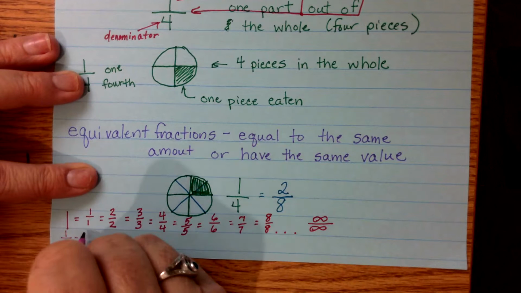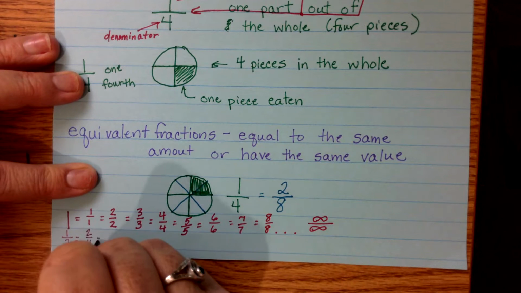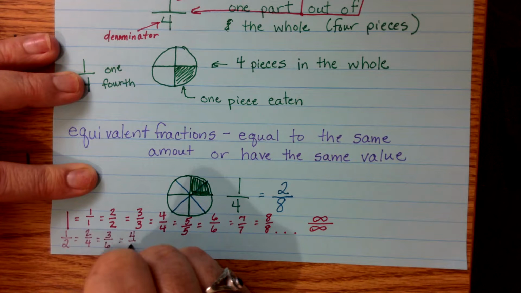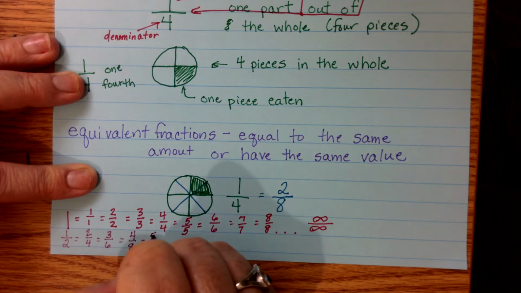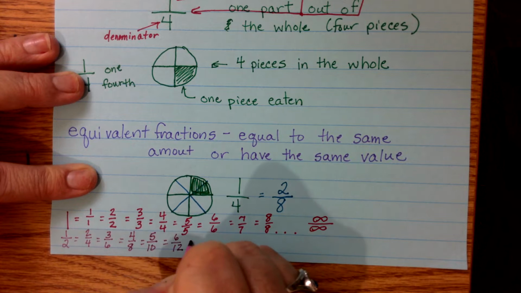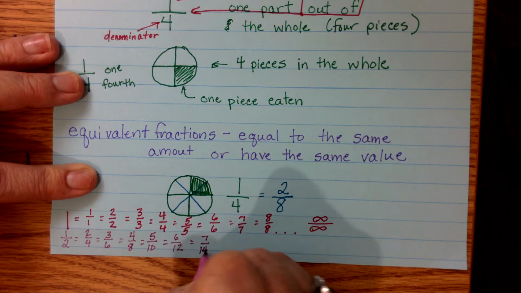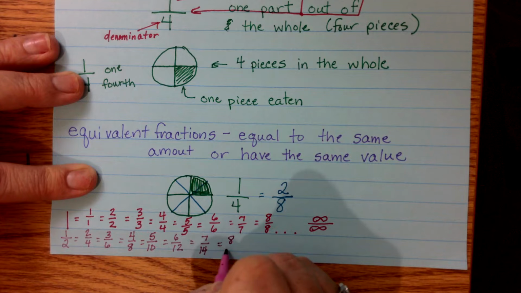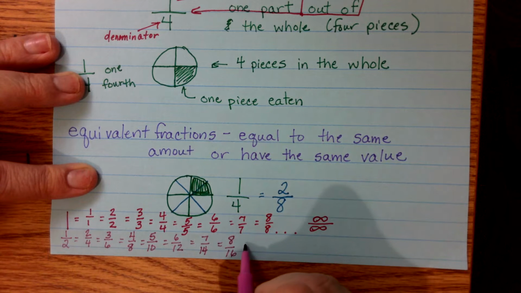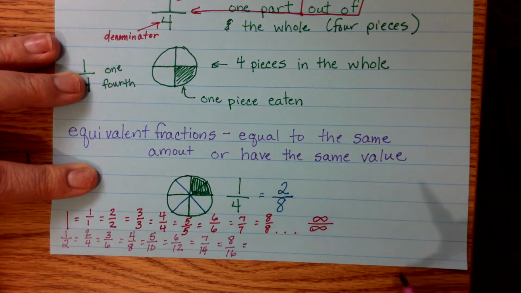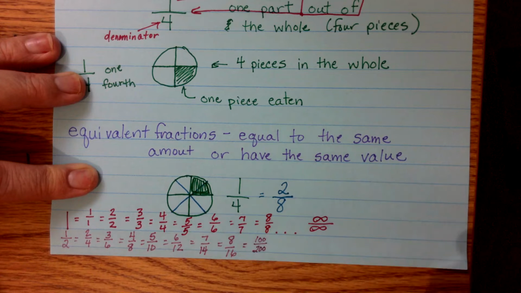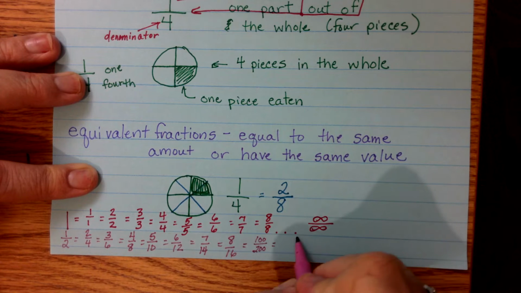So 2 out of 4 is a half. 3 out of 6 is a half. 4 out of 8 is a half. 5 out of 10. 6 out of 12. 7 out of 14. 8 out of 16. These are all equivalent to 1/2. And again, I could keep going on and on and on. 100 over 200. 500 over 1,000.